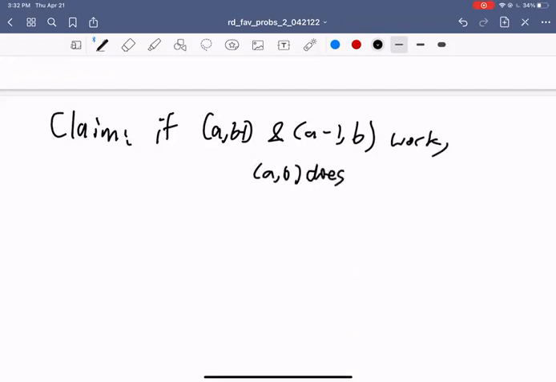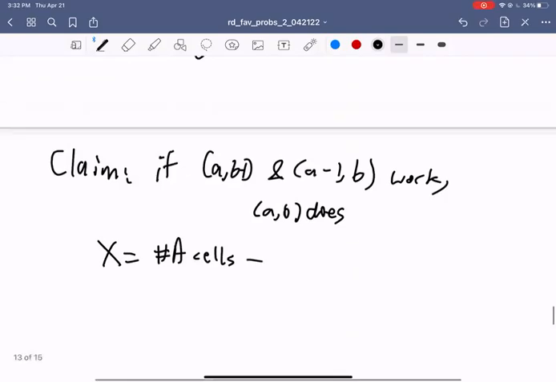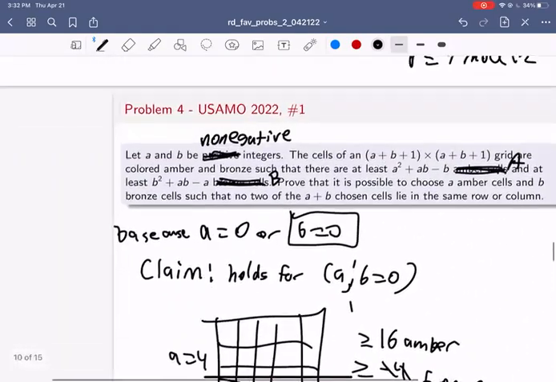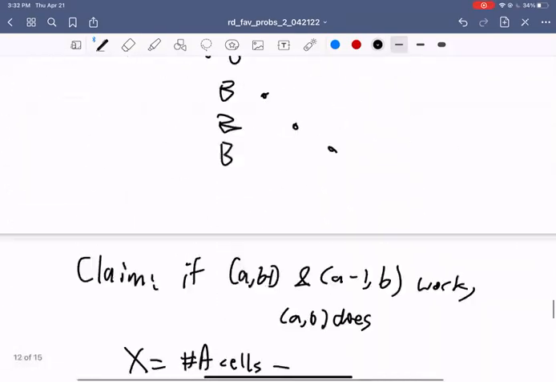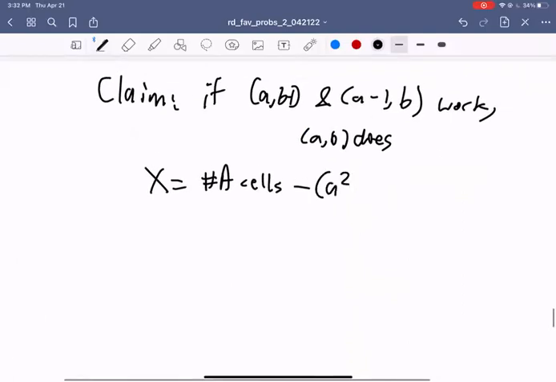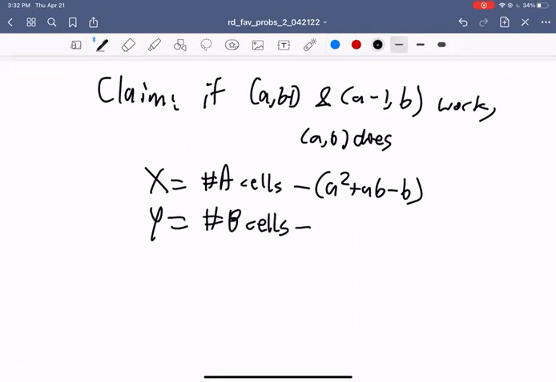And we can start off by defining x as the amount of amber cells minus A squared plus AB minus B, which is the minimum we were given, and y as the amount of bronze cells minus B squared plus AB minus A.